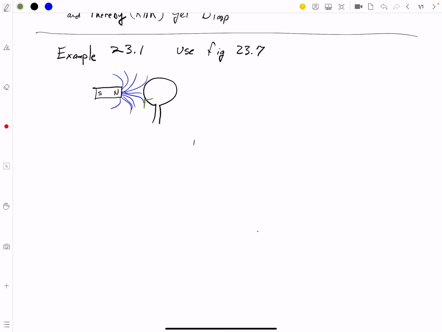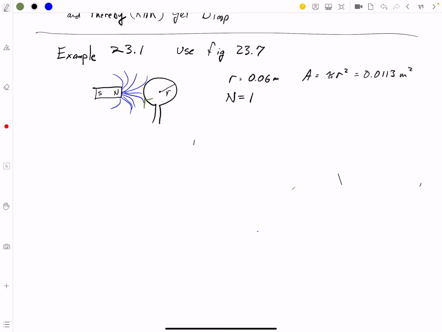And let's say that on our loop we have a radius r, and we're given that r is equal to 0.06 meters. We only have one loop, so n equals 1. What is our area? Area equals pi r squared. And if you do all of that, you end up with 0.0113 meters squared.